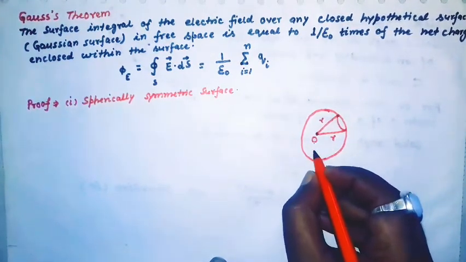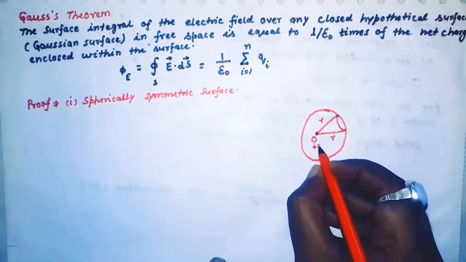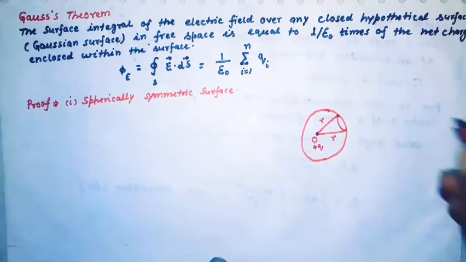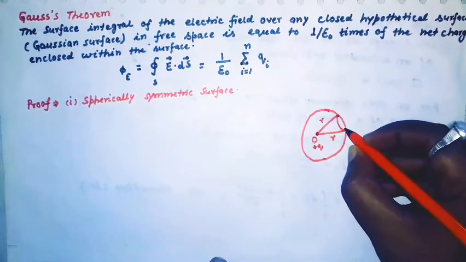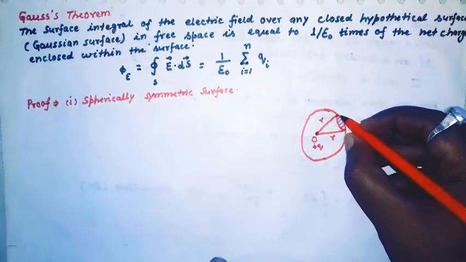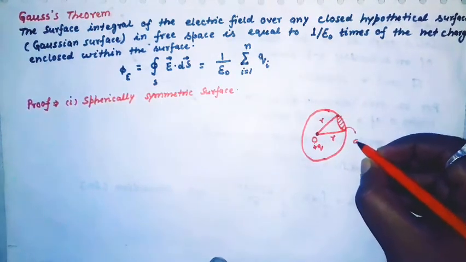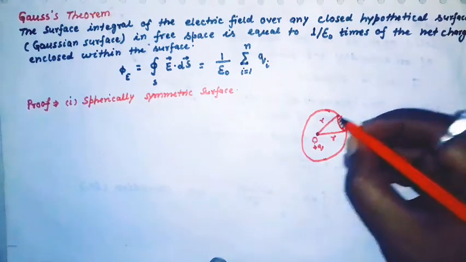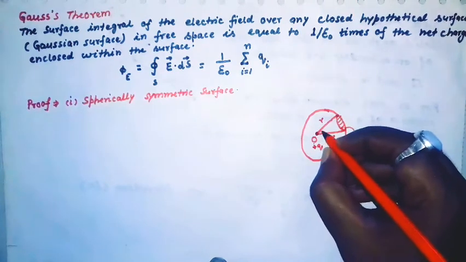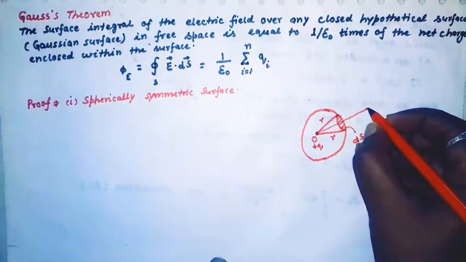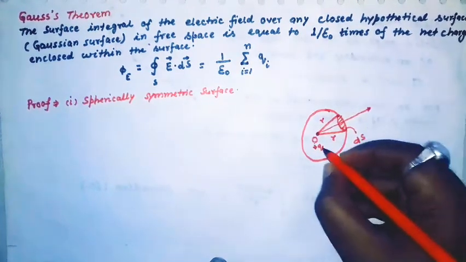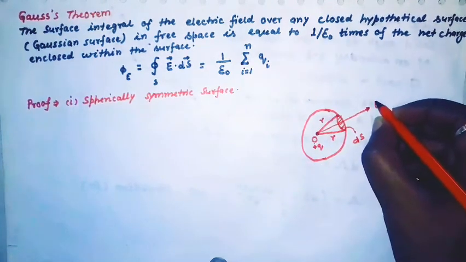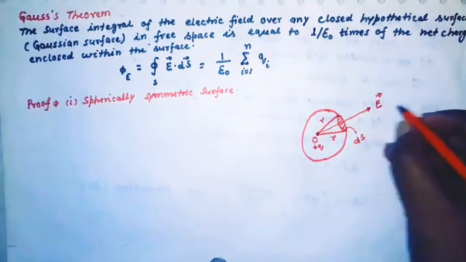Suppose at the center we have placed our test charge plus q. This area that we have taken is ds. Since this charge is positive, the electric field will be away from it.